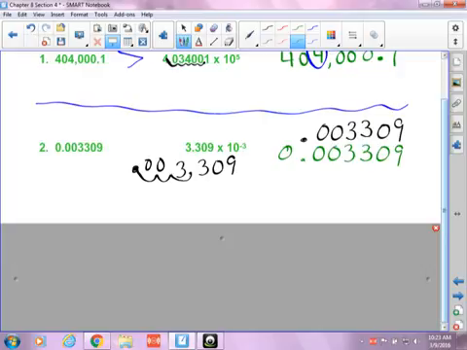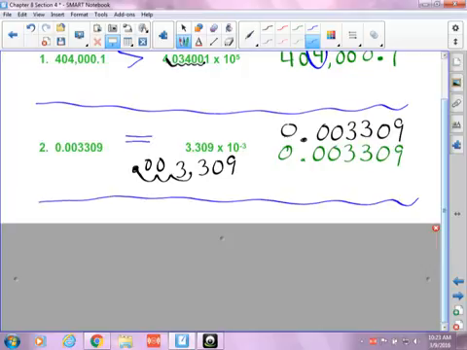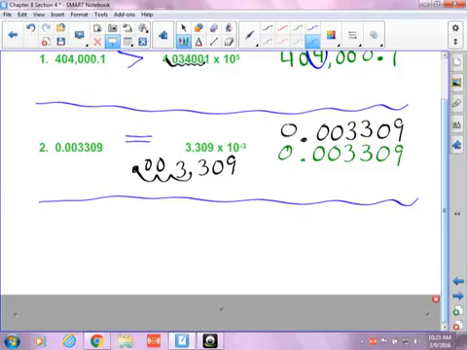Okay? And I go from left to right. 0 in front of it. The first zeros, they're the same. The decimals line up. I got a 0, a 0, a 3, a 3, a 0, a 9. What do I know about these? They're equal. Yep. Questions on this? Okay.